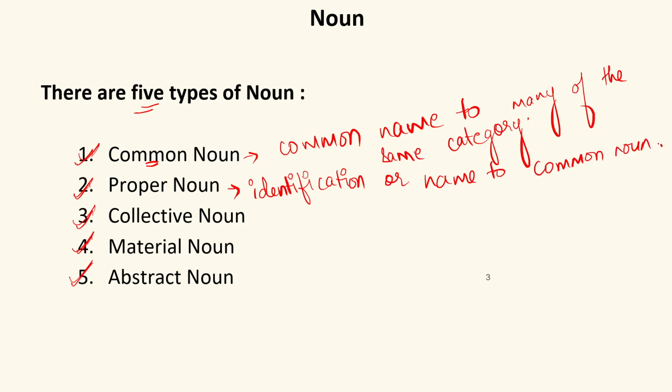For example, if I say city, of course, that is a common noun because the city's name is not mentioned over there. But if I say Delhi, yes, of course, Delhi is a proper noun because here I came to know that I'm talking about Delhi. If I say boy, it's a common noun. But if I say Rohit, it will be a proper noun because I'm talking about a person whose name is Rohit.